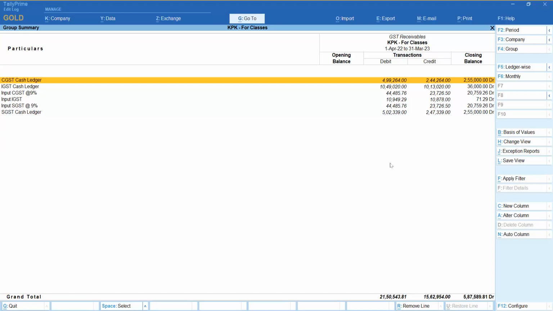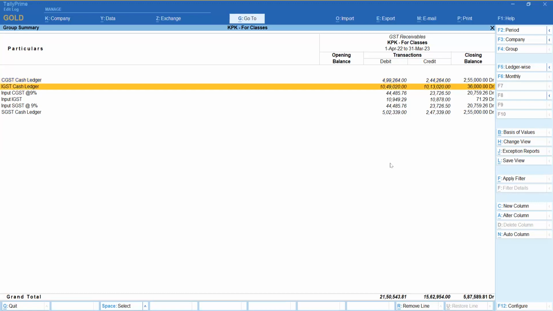See this. I have created a few entries. Don't look at the opening balance because I have done it for class purpose only. What you see are six ledgers here: CGST cash ledger, IGST cash ledger and SGST cash ledger.